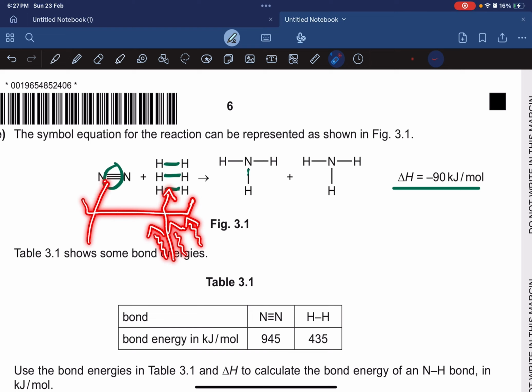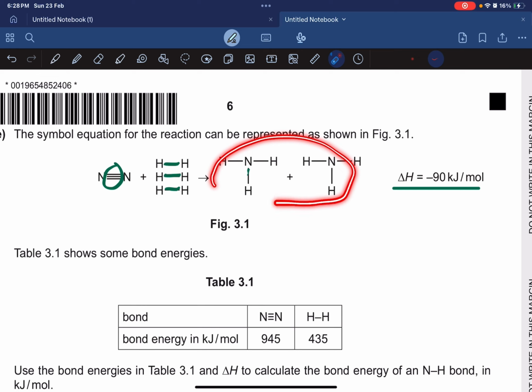Write this down: into. When we are forming these bonds, the hydrogen bond is being broken, okay, so energy is going inside. When this nitrogen bond is forming, energy is coming out of the bonds. So you have to make sure that over here energy is released and over here energy is absorbed.